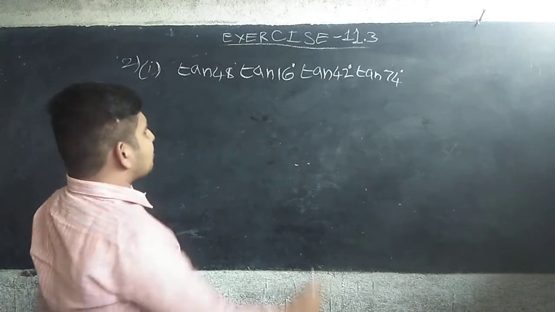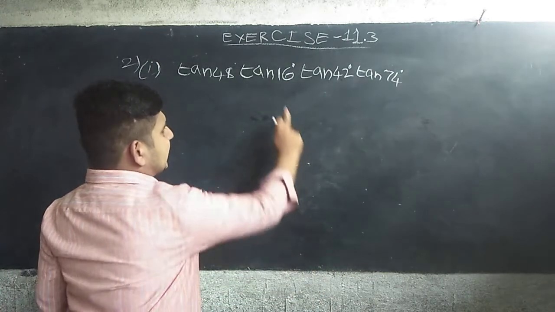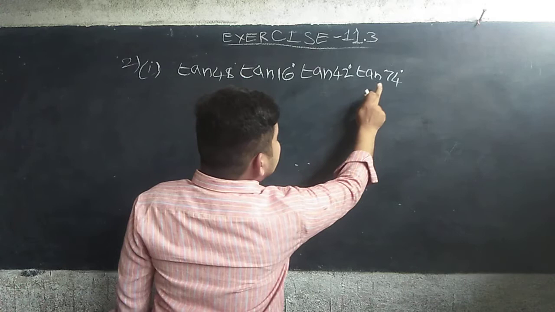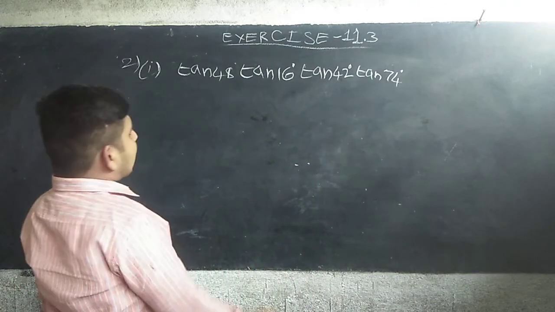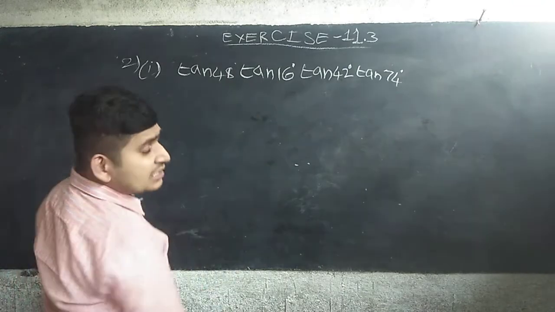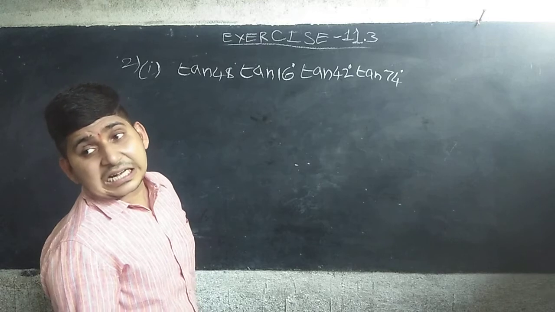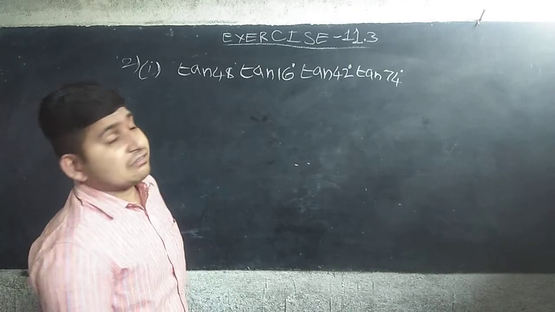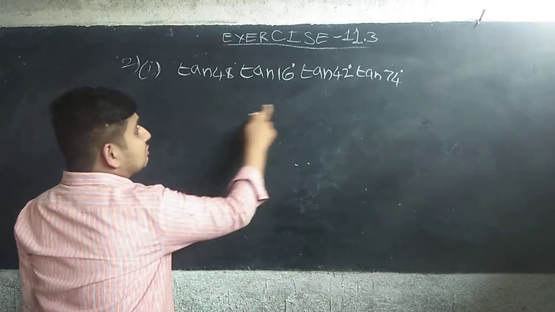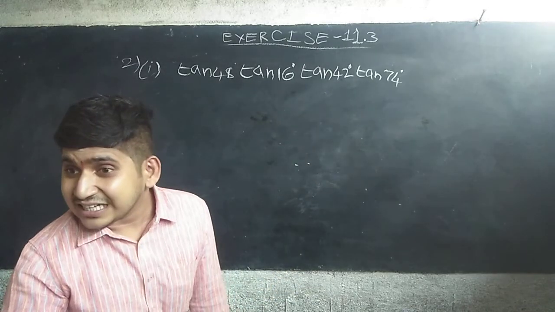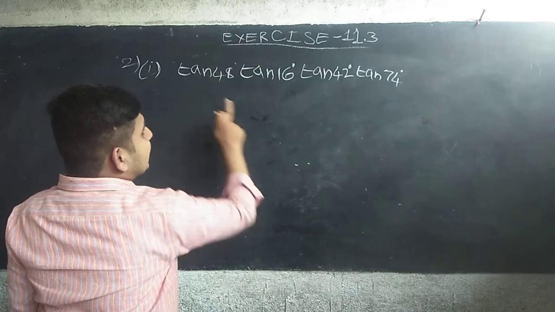Now tan 48 degrees, tan 16 degrees, tan 42 degrees, tan 74 degrees. Add 48 and 16, that is 64, which is not equal to 90, so we should not take these two angles. Now 48 plus 42 is 90, so we can choose either tan 48 or tan 42.